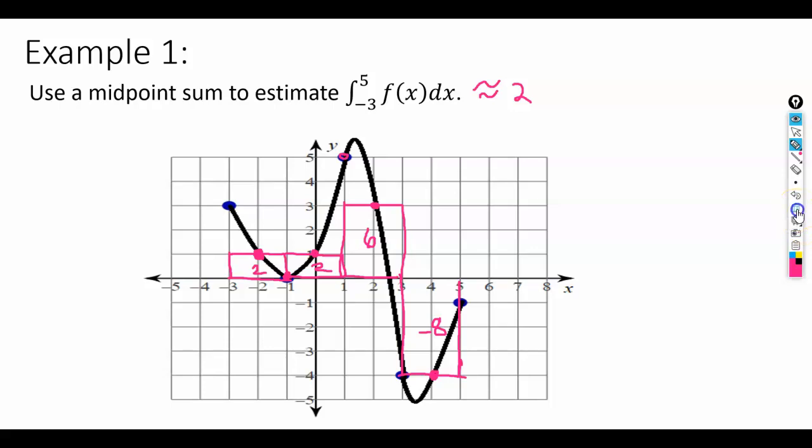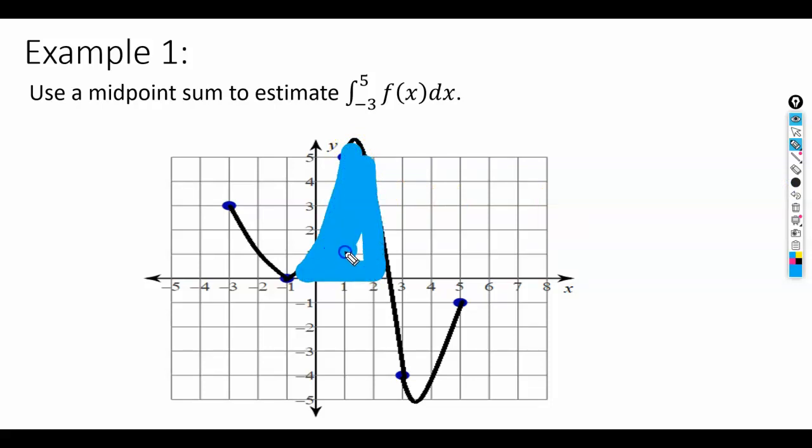Now remember, it's an area that has some positive area and some negative area, so that's why it comes out so small. What we're really doing is estimating this area right here under the curve, combined with this area and this area.